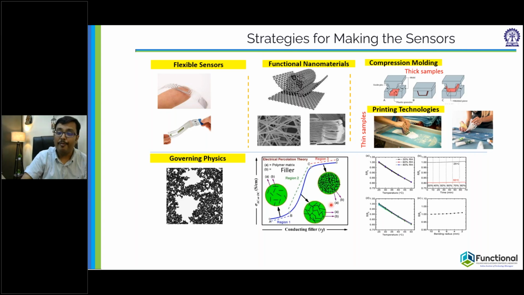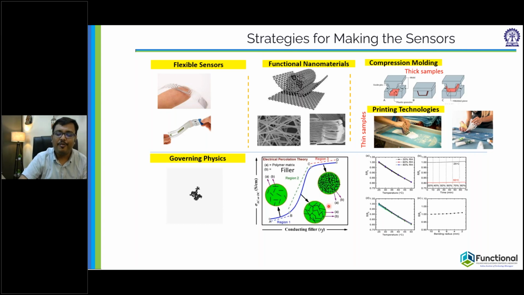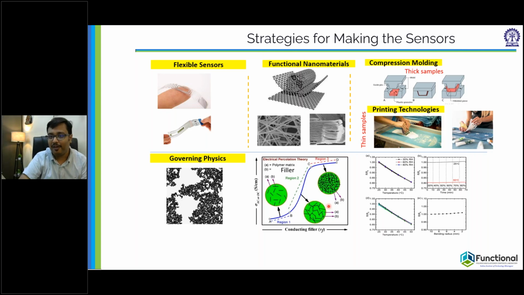Now, coming to the manufacturing of this material, typically when we say sensors, we think of very robust, high scale, high end manufacturing and instrumentation facilities. But what we are doing is in a clean room free facility. Typically sensors are manufactured in a clean room, where you have controlled temperature, humidity, and a dust free environment.